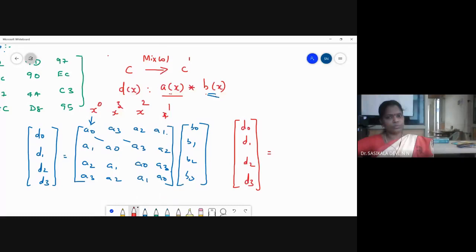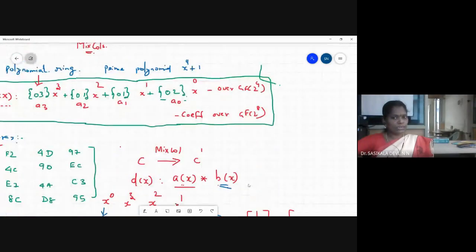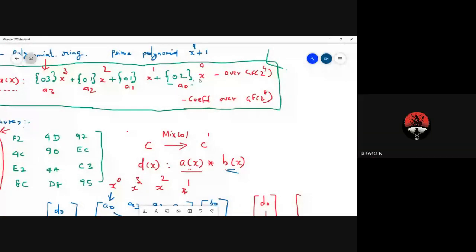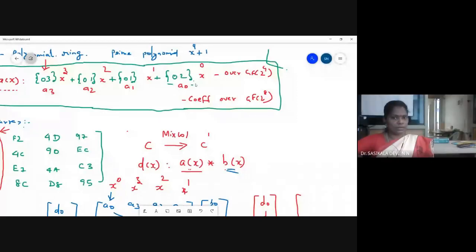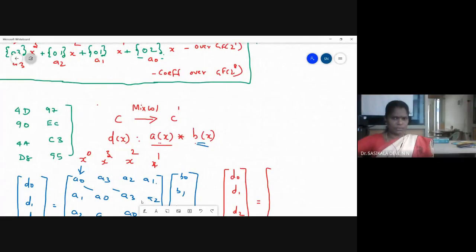What is the x power 0 coefficient here? Not 2, ma'am. 02. Just substitute it. The x power 0 coefficient is 02, followed by the x power 3 coefficient.